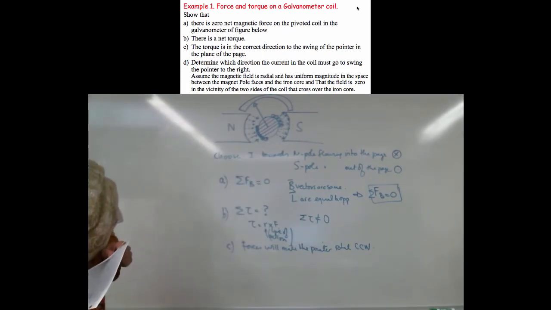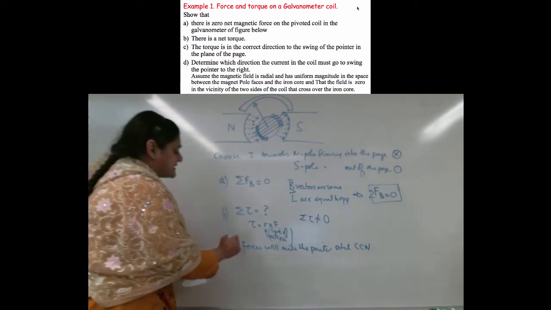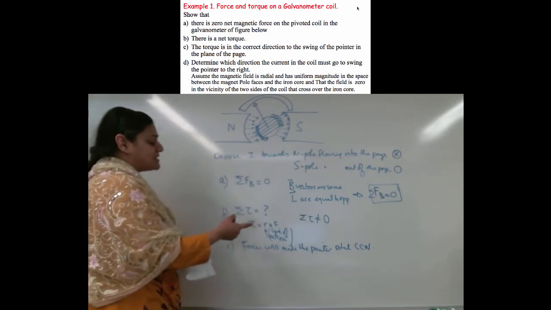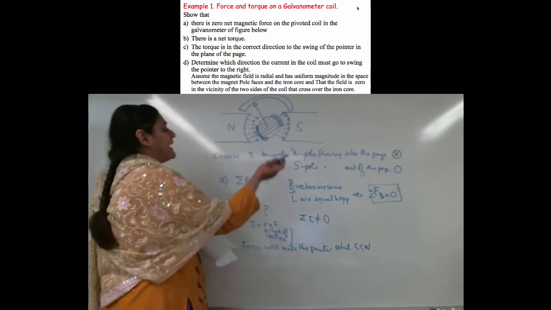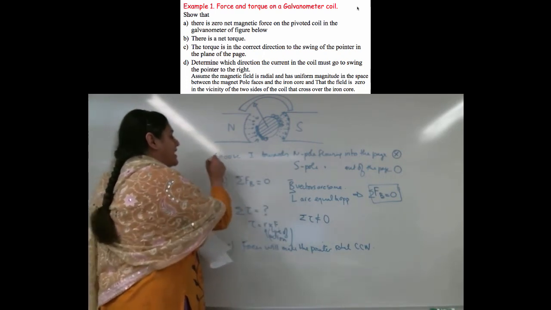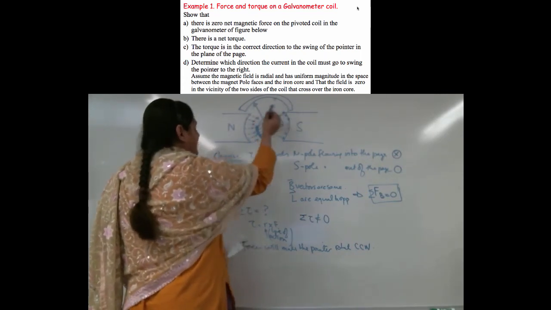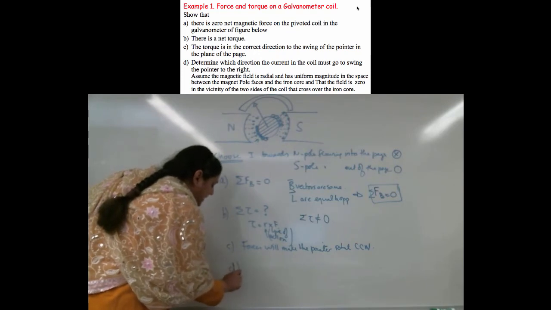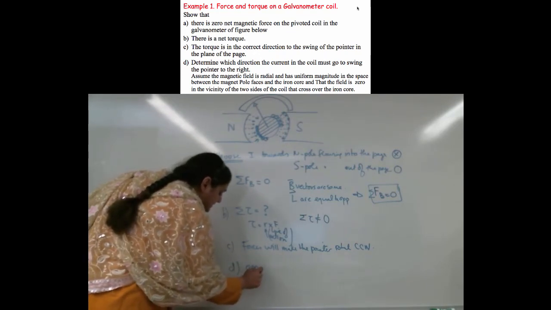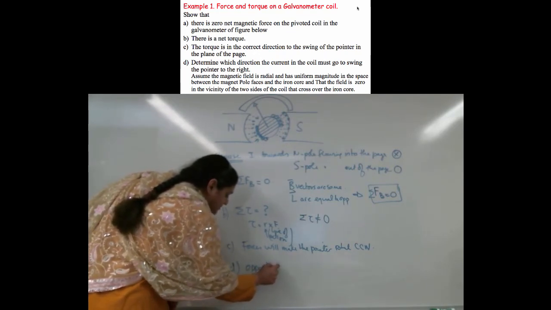Part D. Determine the direction the current in the coil must go to swing the pointer to the right. This means that the forces that we chose will make the pointer go anti-clockwise. So in order to make it go clockwise, our choice has to be opposite to what I chose.